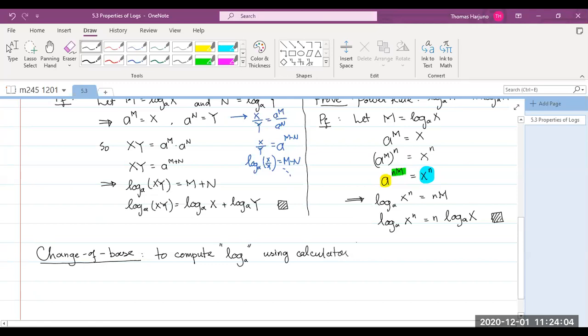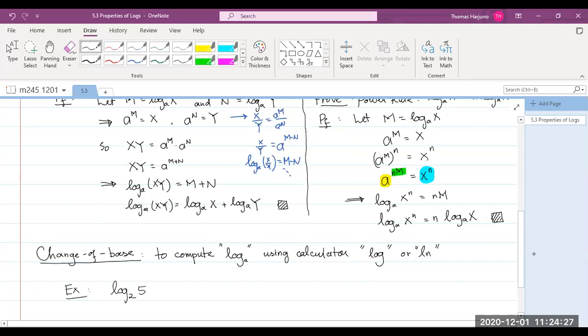The thing is, most calculators only have log base 10 or natural log. So for example, suppose I want to compute what is log base 2 of 5.